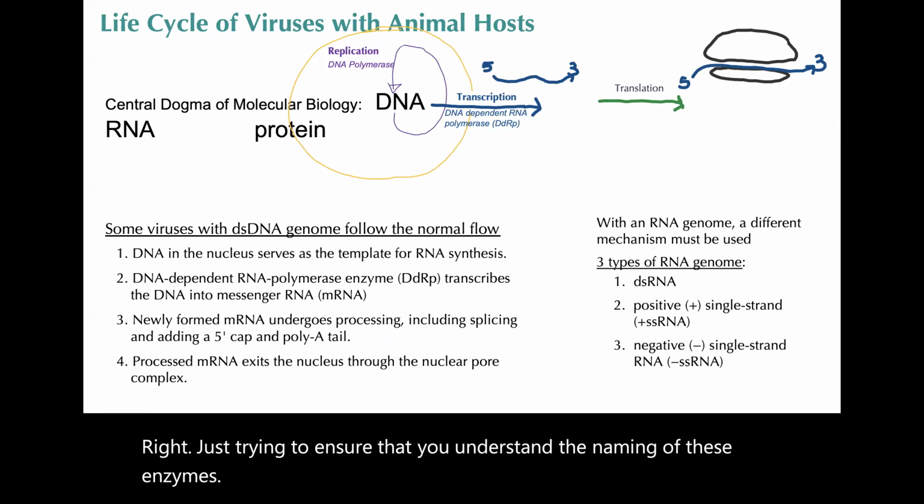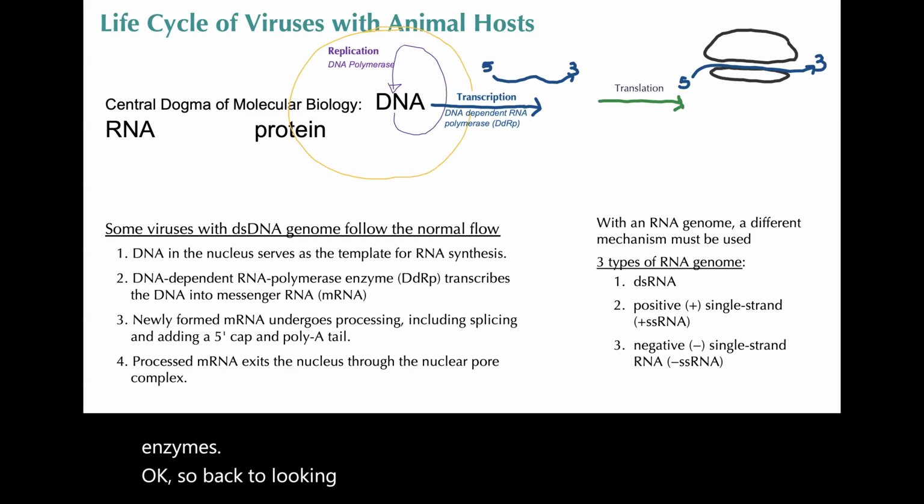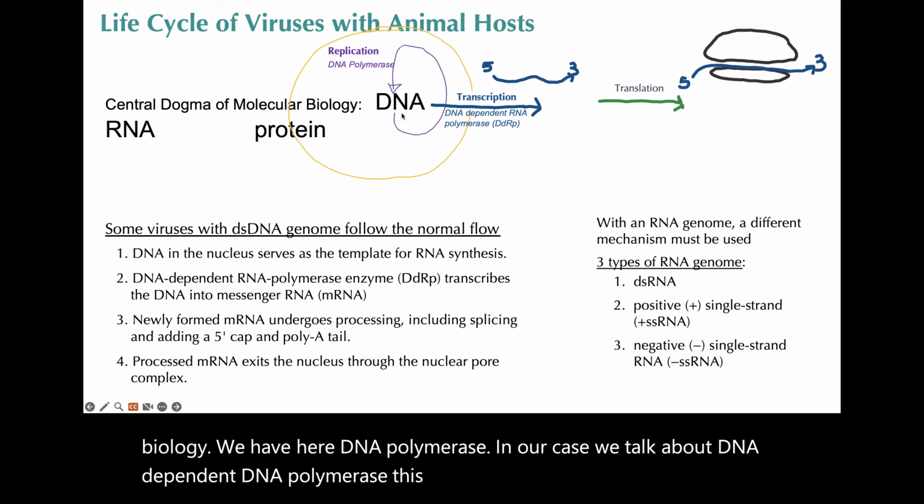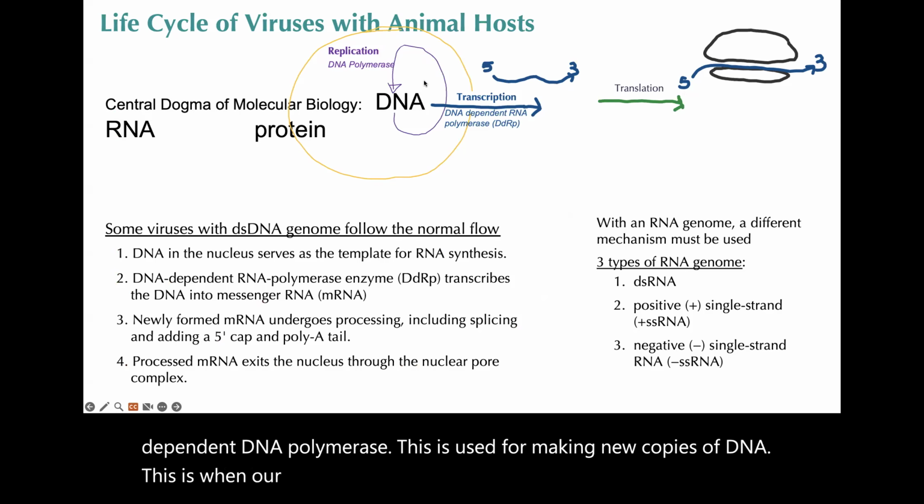Okay, so back to looking at another slide of our central dogma of molecular biology. We have here DNA polymerase. In our case, we talk about DNA dependent DNA polymerase. This is used for making new copies of DNA. This is when our cell is replicating. Our cells are growing. They're dividing in half.